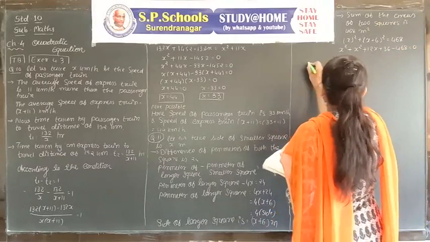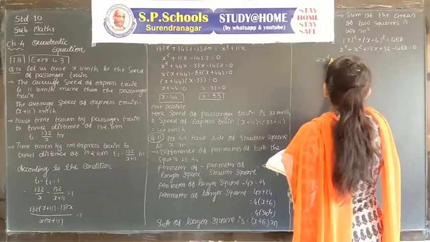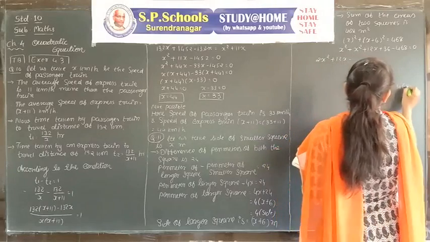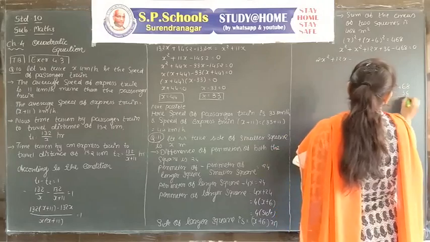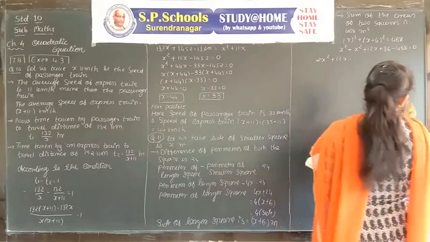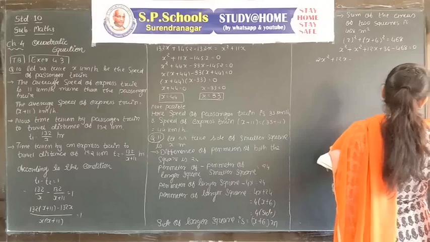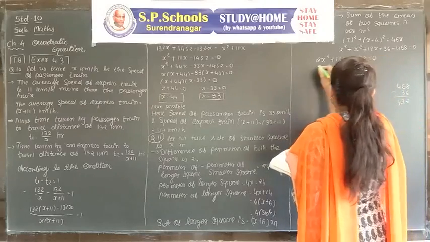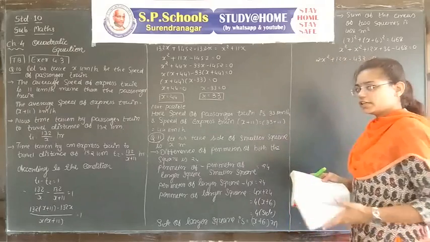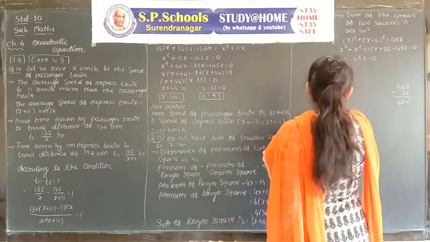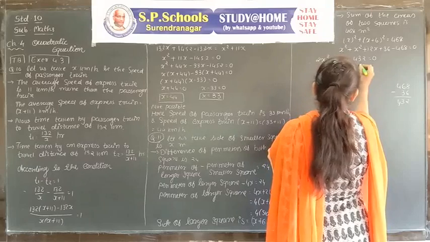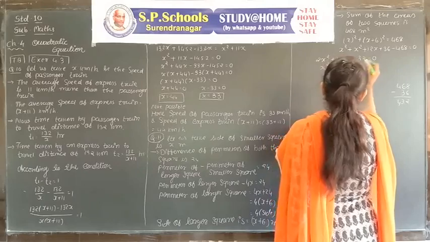X square plus x square gives 2x square plus 12x minus 468, subtract 36 from 468, we get 432, is equal to 0. Now again take 2 as common, x square plus 6x minus 216 is equal to 0.